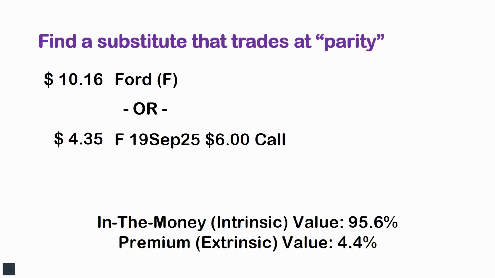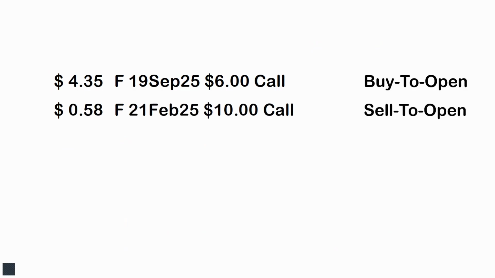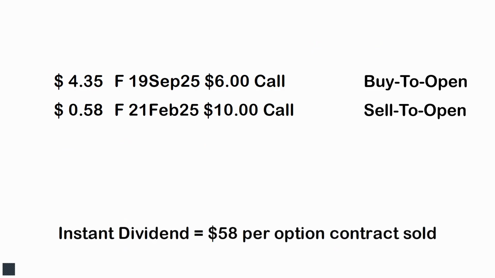It's going to move dollar for dollar. So instead of investing the $10 and change, we're only going to invest $4.35. We're still going to make the 58 cents when we sell this near term at the money option back, get that instant dividend, create that expiring coupon, reduce our break even price, all of those beautiful things.